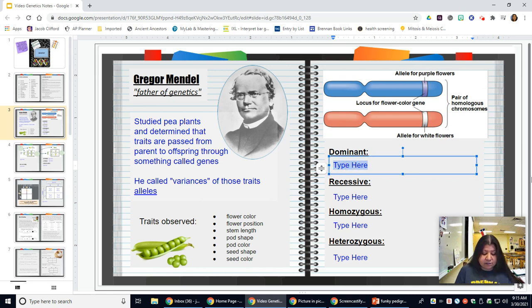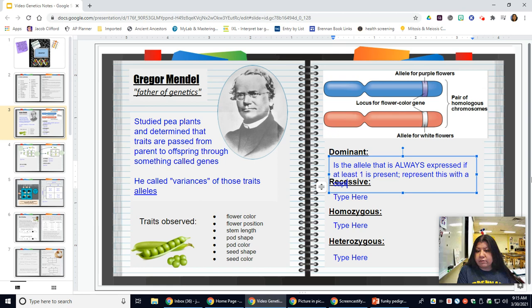So when I'm talking about these alleles, my dominant is the allele that is always expressed if at least one is present. Okay, and so we also represent this with a capital letter.